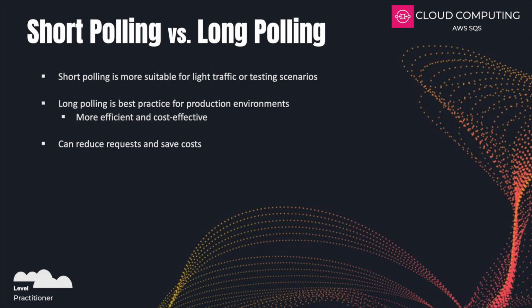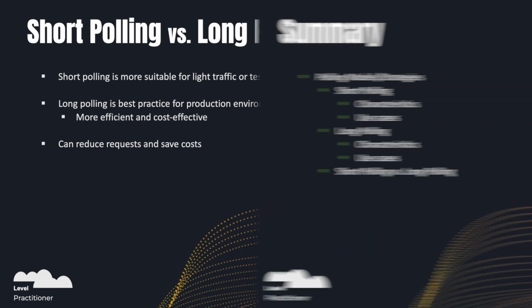The best practice is to enable long polling by default, unless you have a very specific reason not to. To give you a rough idea, switching from short polling every second to long polling can cut requests by more than 20 times, turning what might cost a few dollars per month into a few cents or even nothing at all if you're still within the free tier.